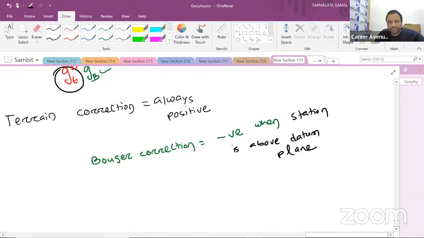And it is positive when the station is below the datum plane.